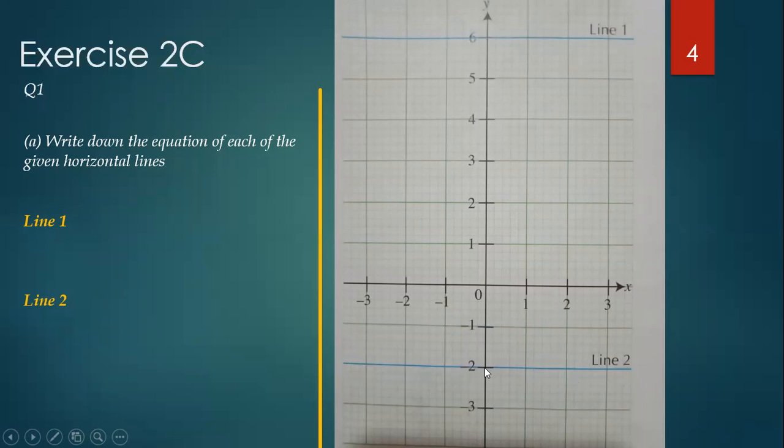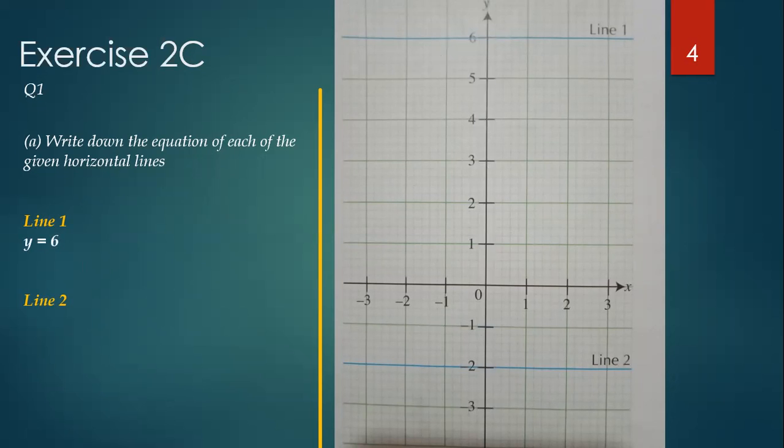Basically, the intersecting point. Here, for example, the intersecting point of line 1 is 6 on the y-axis. So the equation of this line will be y = 6. And therefore, the equation of line 2 will be y = -2.